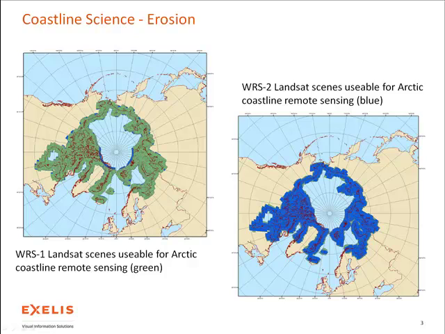The continental scope of these changes, as well as the remote and inhospitable nature of the study area, make geologic remote sensing techniques particularly well suited for studying coastal erosion along the over 45,000 kilometers of Arctic Ocean coastline.